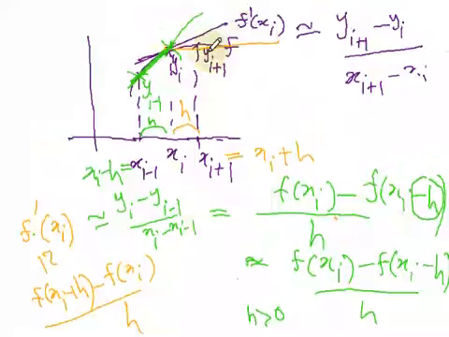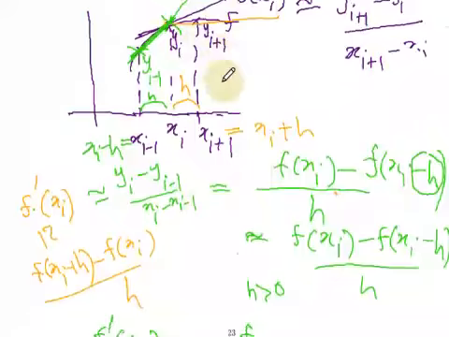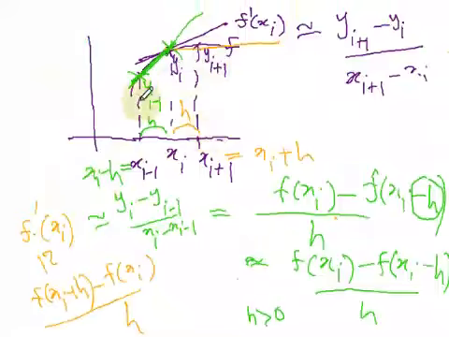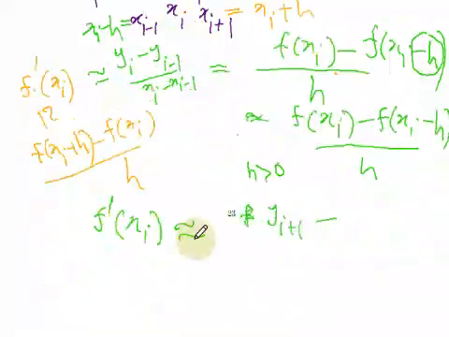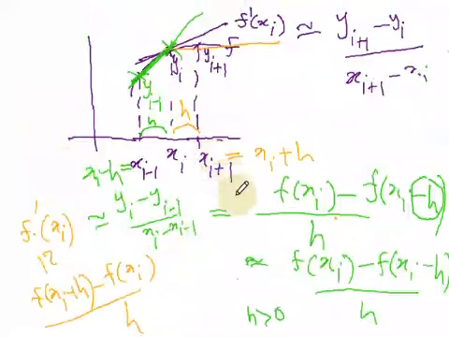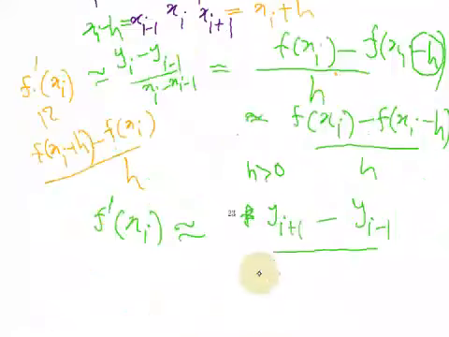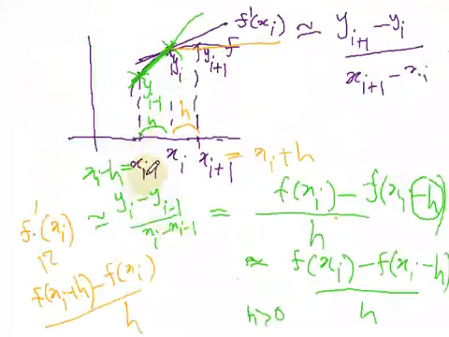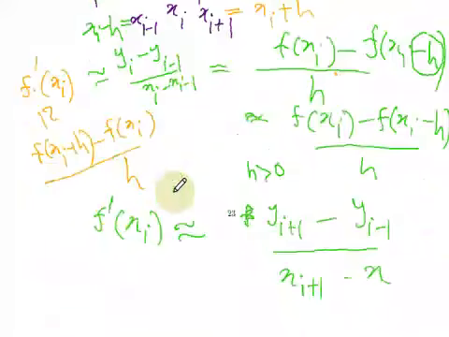So what is the first one? y sub i plus 1 minus y sub i minus 1, divided by x sub i plus 1 minus x sub i minus 1.